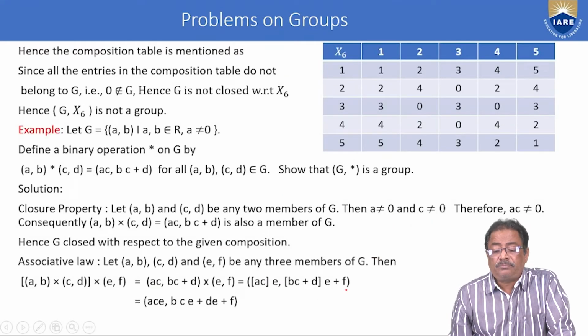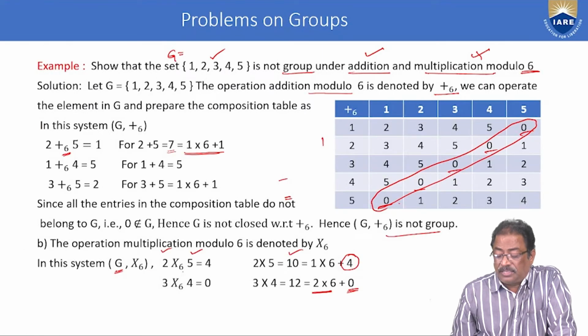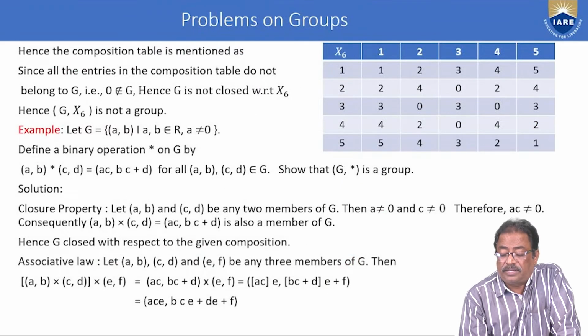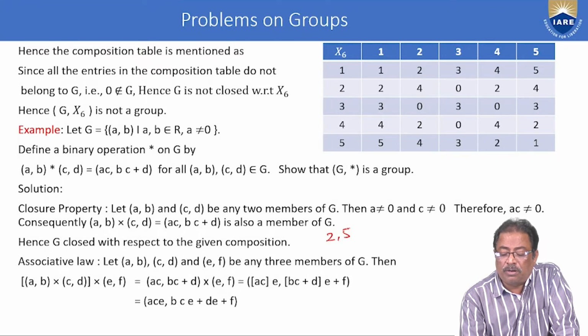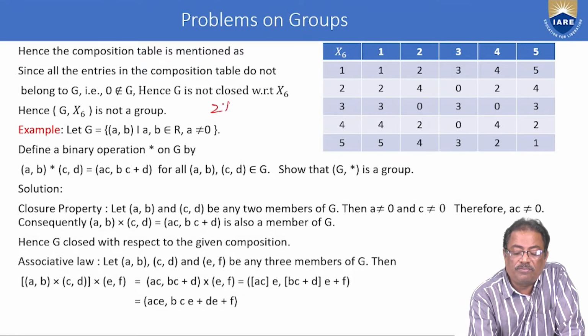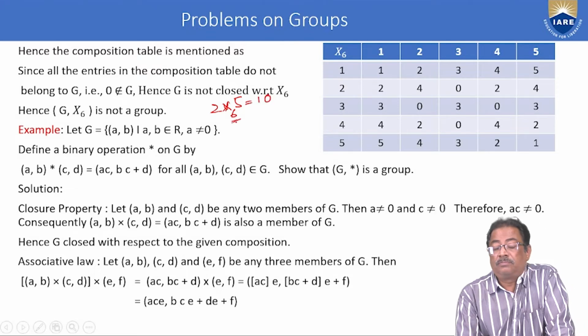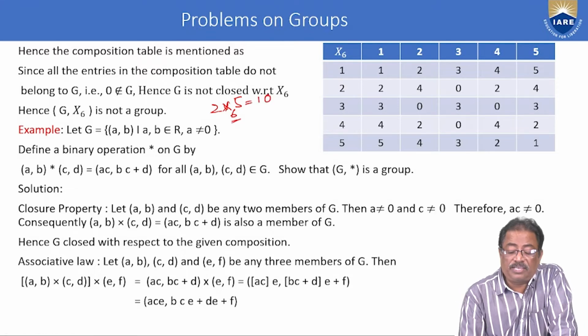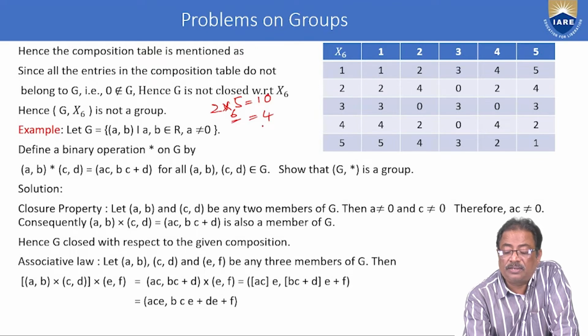So here let us consider some other elements. Let us take 2 and 5, elements in G. So what is 2 multiplicative modulo 6 with 5? 2 times 5 is 10. 10 modulo 6 gives 4.